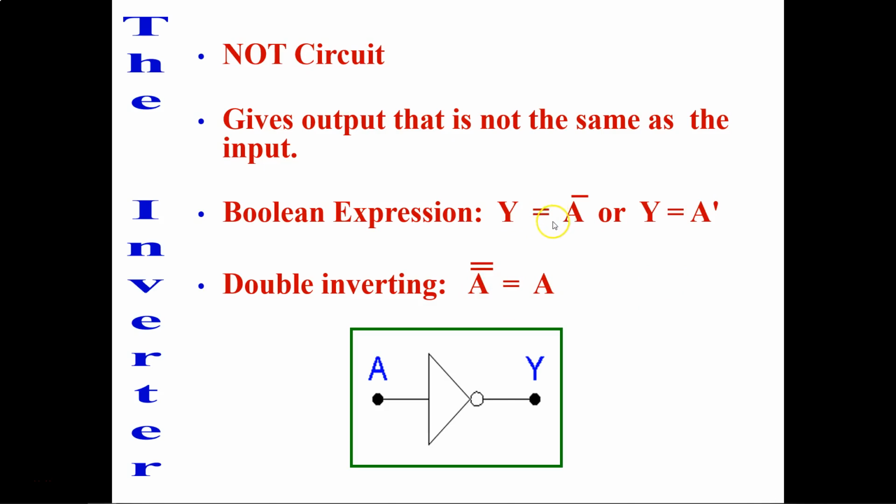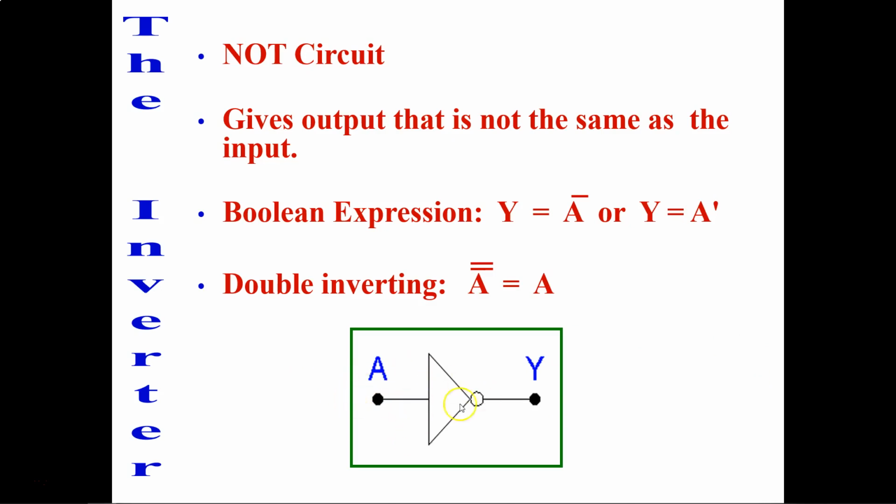So for example, if A is equal to 1, then the output is going to be 0, because here it is getting one complement. And if you have another inverter here, so here is your A complement which you got here, then the output of the other inverter will be A double bar, which means it is equal to A. So you are going to get the same input which you have sent here.